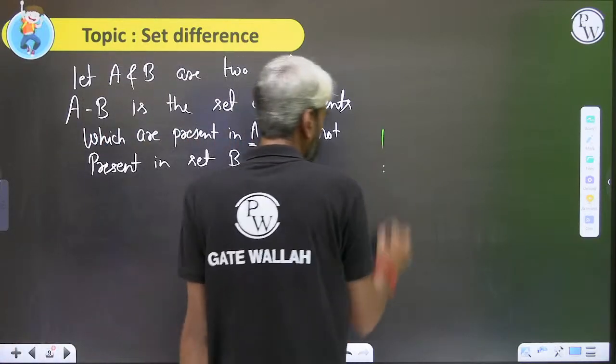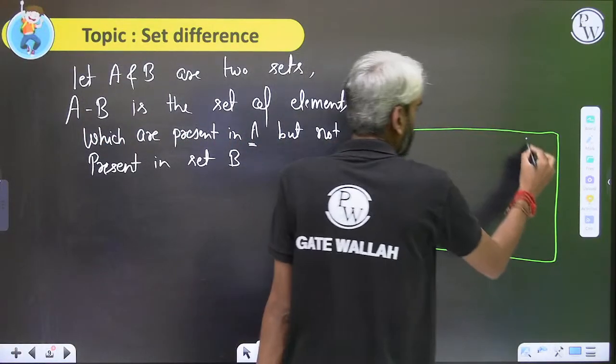So let's try to understand. This is your Venn diagram.